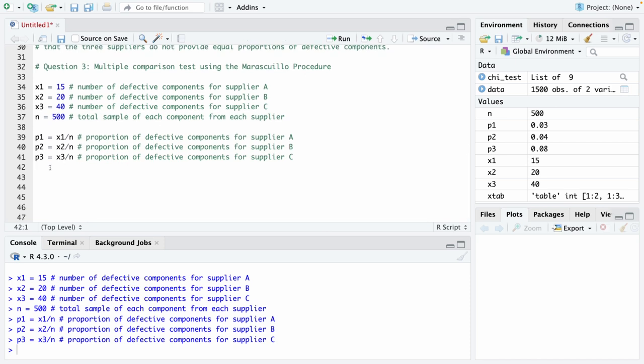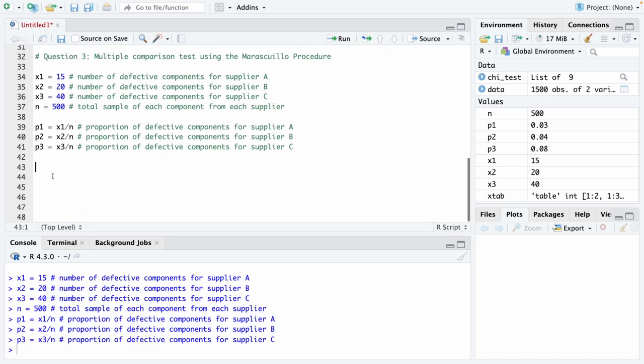Now let's get into the Marascuilo procedure in terms of the comparison. We'll create a new table called comparisons, and we use data.frame to create that new table. Before I do this, let me explain one more thing.